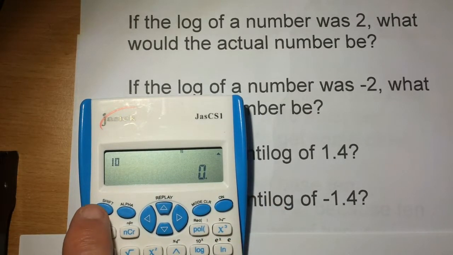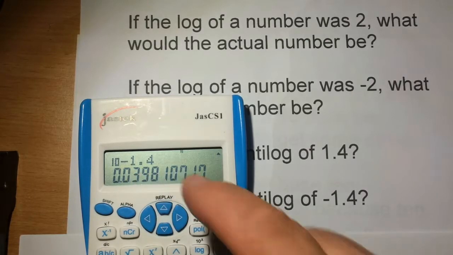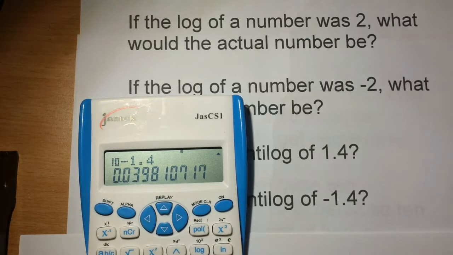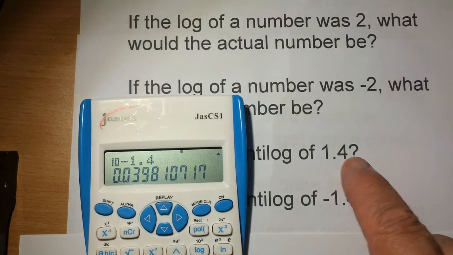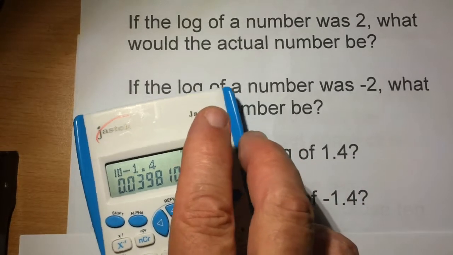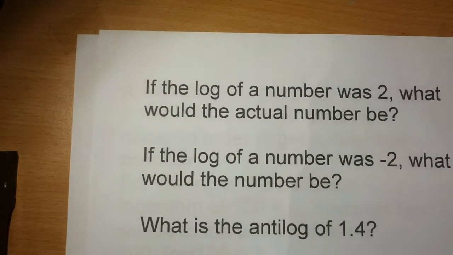Antilogs are shift log, and we type in minus 1.4 and press enter, and we get this decimal. You can see it's a small number there. It's 1 over 10 to the power of 1.4. It's the reciprocal of this, so it's a small decimal. That will help you solve problems of this nature.